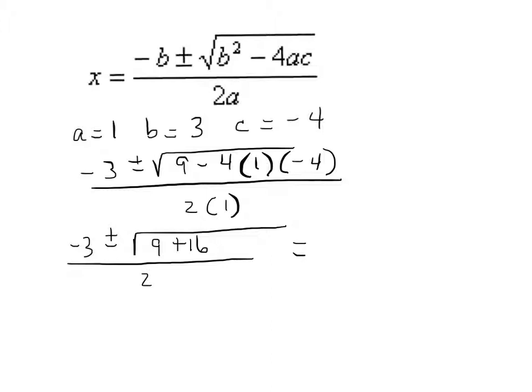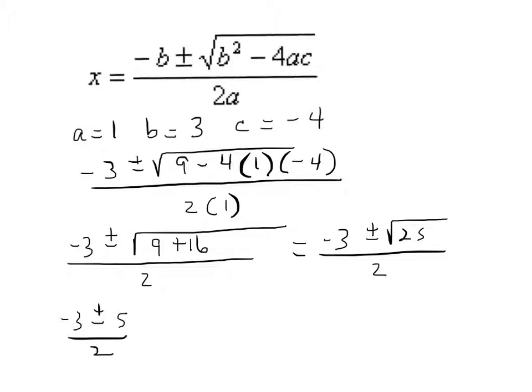Simplifying further, I have negative 3 plus or minus the square root of 9 plus 16 is 25 all over 2. I'm going to go ahead and take the square root of 25, so I have negative 3 plus or minus 5 divided by 2. This will then divide up into two equations. Negative 3 plus 5 divided by 2, and negative 3 minus 5 all divided by 2.